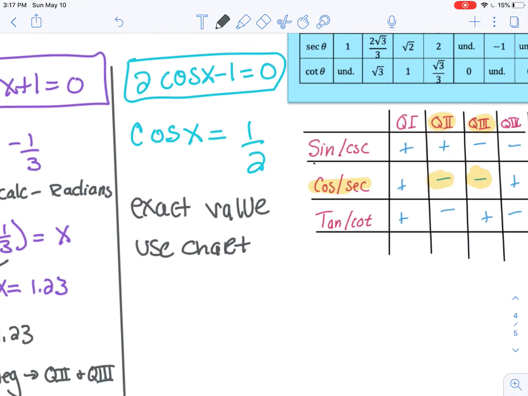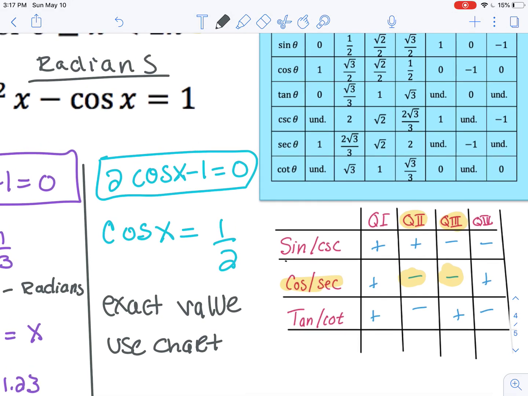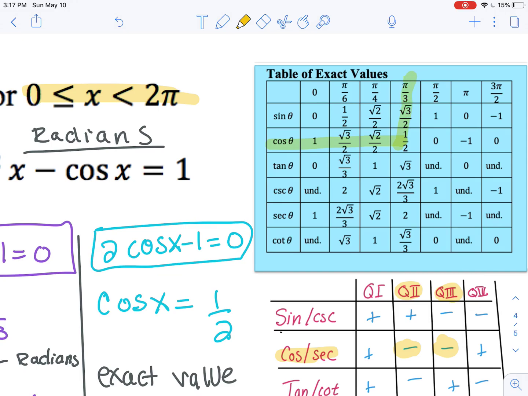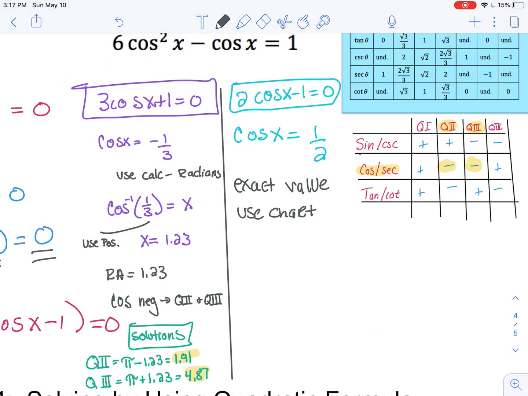If I go over to the chart, I can see that cosine is equal to 1/2 at pi over 3. So my reference angle is equal to pi over 3.